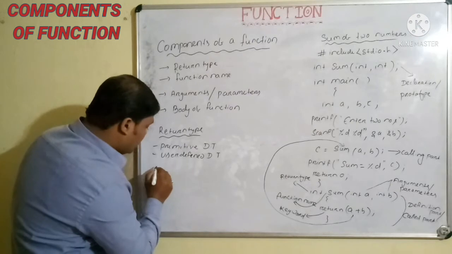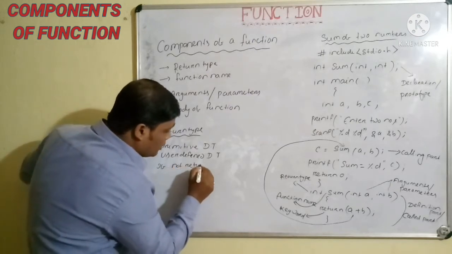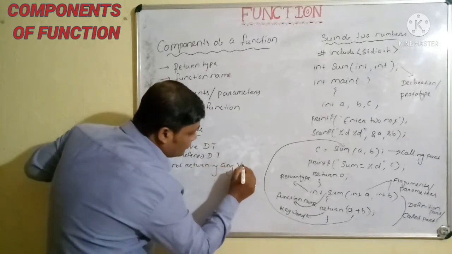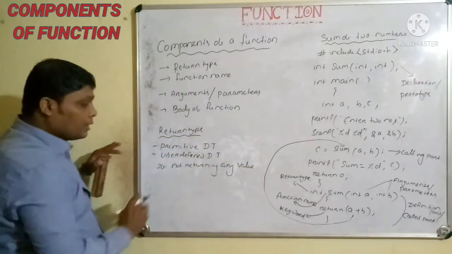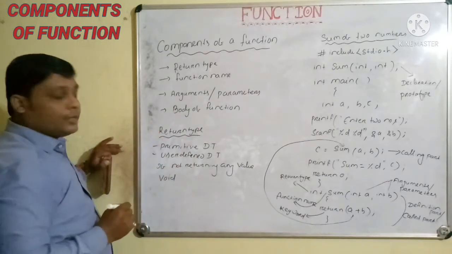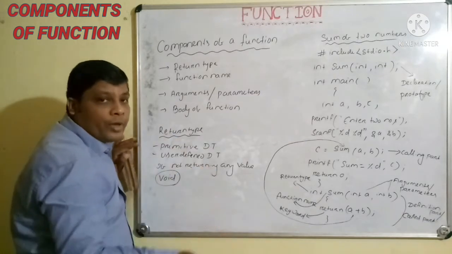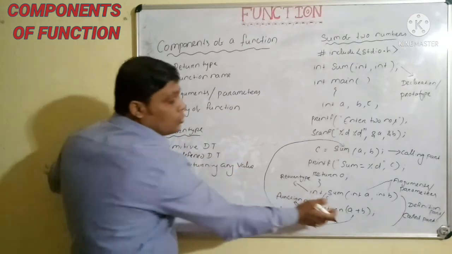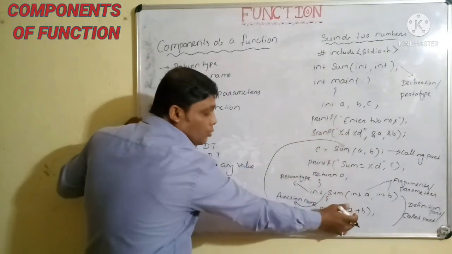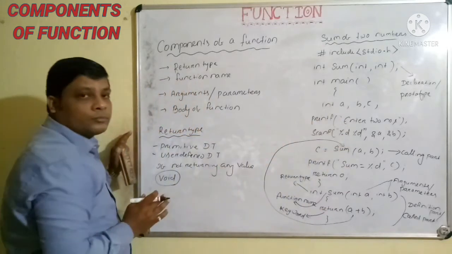If we are not returning any value, then the return type will be void. Void means it is not returning any value. Only the cursor will be returned to the place from where it is called.